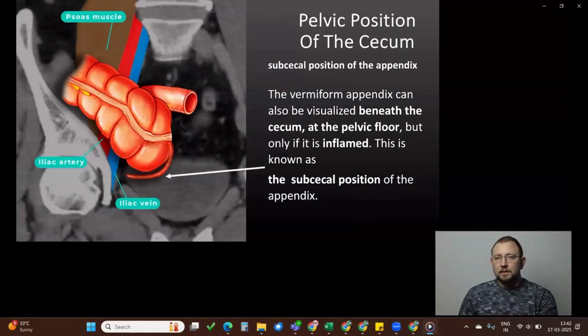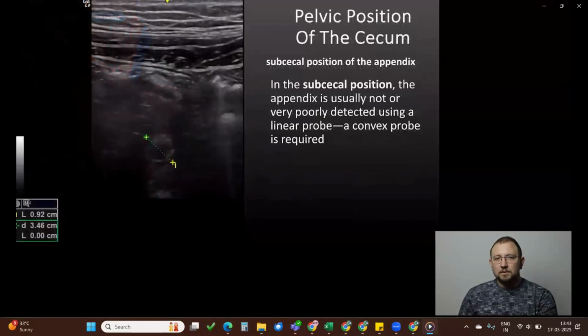The appendix can also be visualized beneath the cecum at the pelvic floor, but only if it is inflamed. This is known as the subcecal position of the appendix. However, it cannot be detected using a linear probe. A convex probe is required.